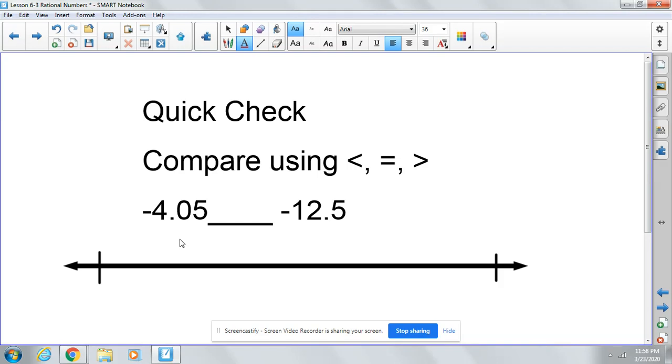In this example, it would be easier for you to just think about the whole number. It's going to be hard to plot numbers that are that far apart.